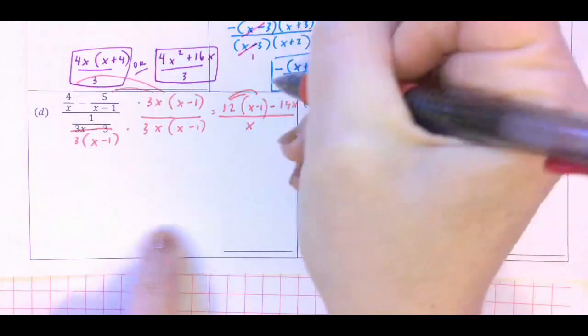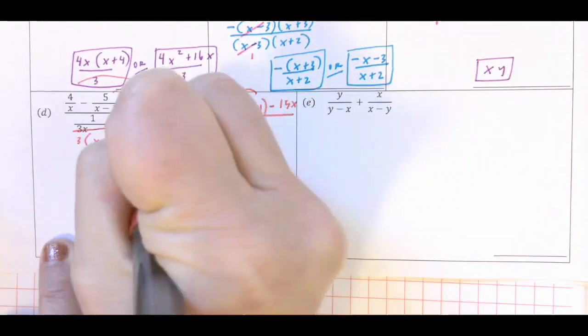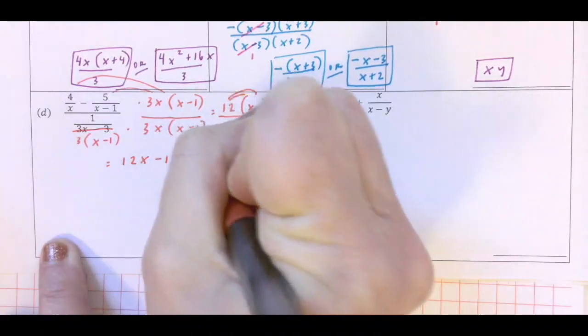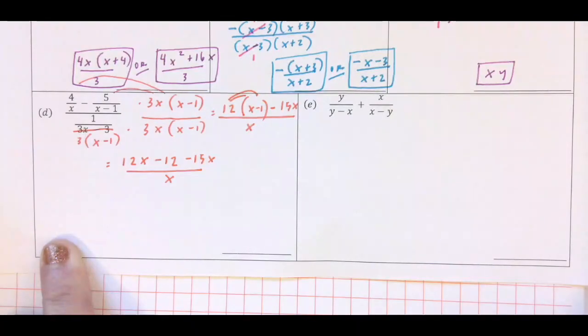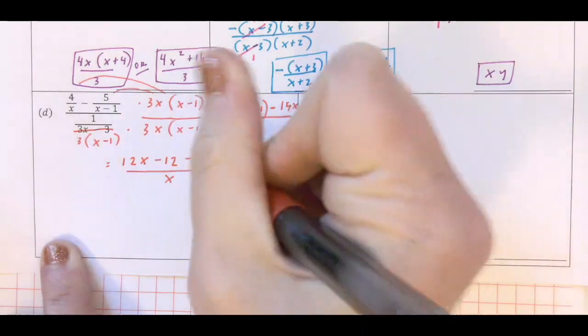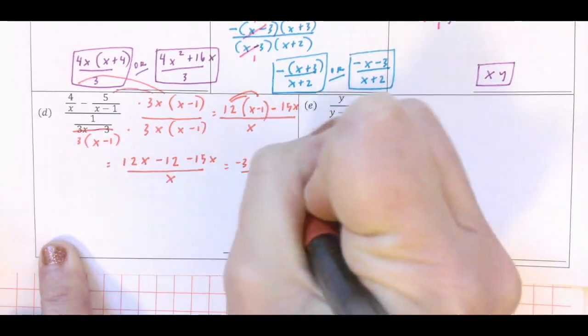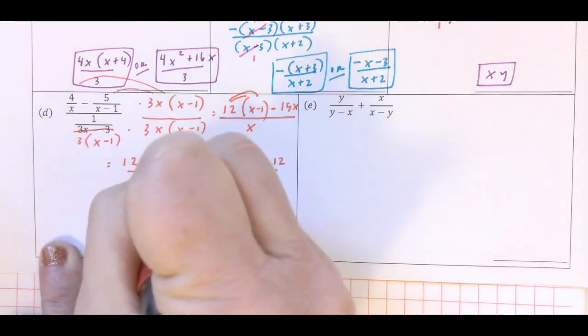All right, so this is what I need to resolve now. I'm going to distribute the 12. So I have 12x minus 12 minus 15x all over x. Okay, next step, I have negative 3x minus 12 over x. Divide out the GCF of negative 3.